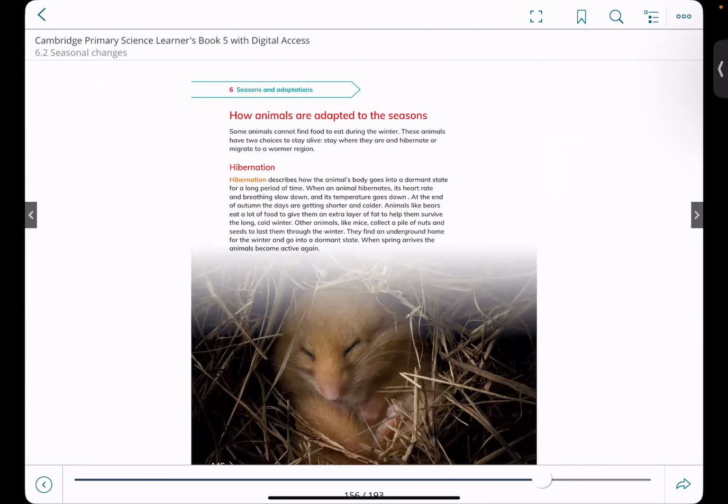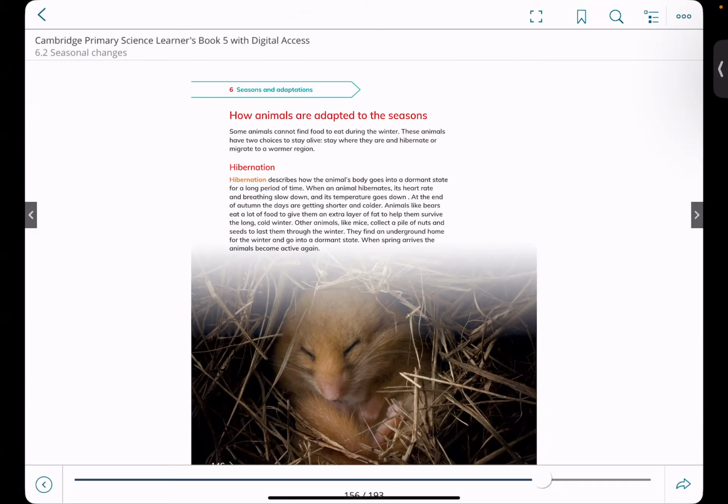So animals who don't have that much energy to travel such long distances, they are going to hibernate. So small animals, or bulky animals, they hibernate. Like polar bears are bulky, they cannot travel thousands and thousands of miles and move to some other place. Instead, they prefer to hibernate.